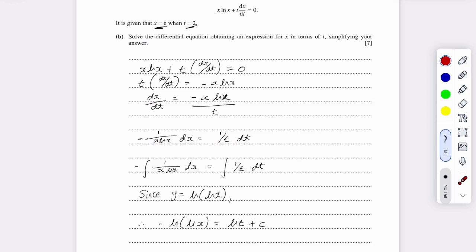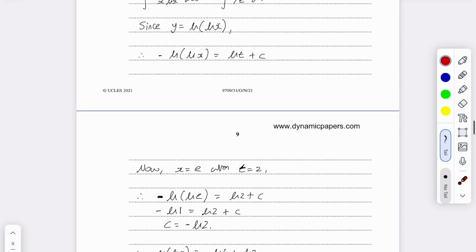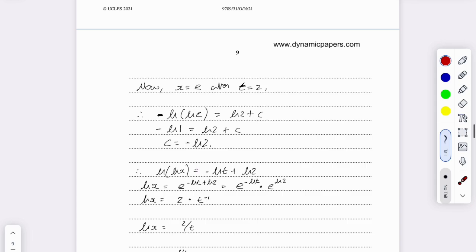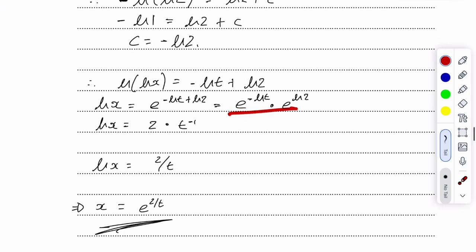We separate the variables, and we also know that since y is equal to ln of ln x, this is going to turn into ln of ln x, because this is dy by dx. Then we apply initial conditions, and then we just simplify from there. Raise everything to e, we get to this, and then we apply the logarithm rules.